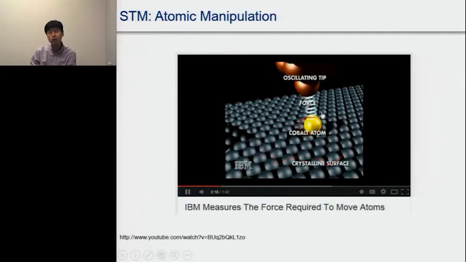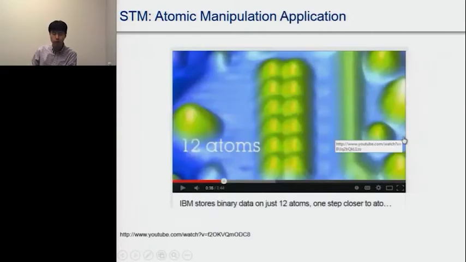Using this technology, we can also apply it to a practical application, not only for creating a movie like the one I showed you. So on the next slide, I will show you one more example where we can potentially use this technology for a practical application.